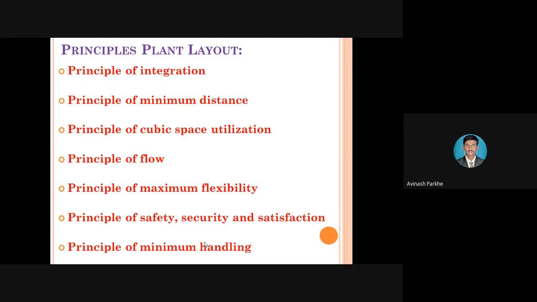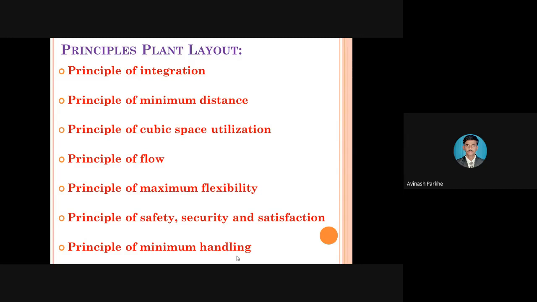So this is the 6th principle, and the 7th principle is called the principle of minimum handling, or the principle of minimum material handling. In the industry, so many components are there. Some light duty components, some medium duty components, some heavy duty components. The light duty components can be handled by the operators or workers only.